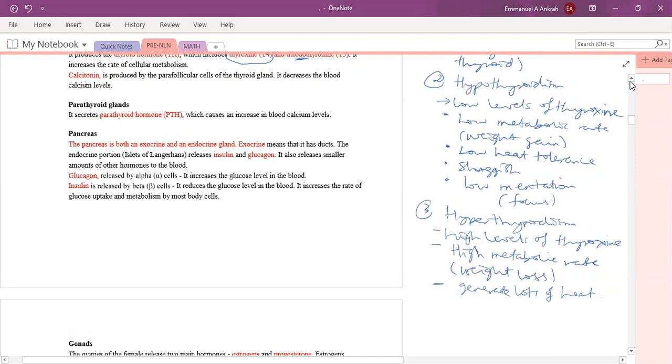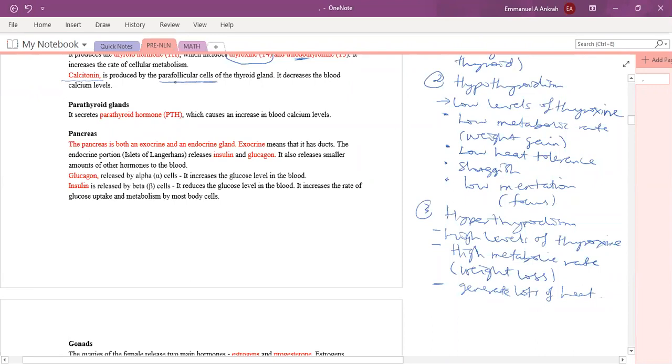Okay. Then the other thing that is released by the thyroid is calcitonin. Calcitonin is produced by what we call the parafollicular cells of the thyroid gland.